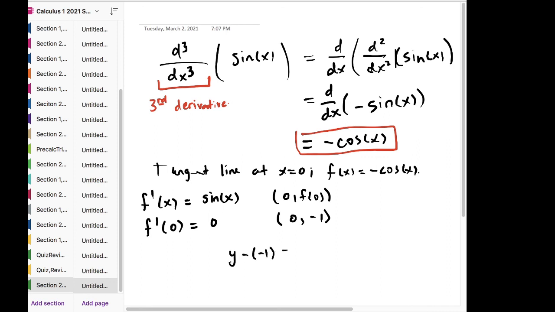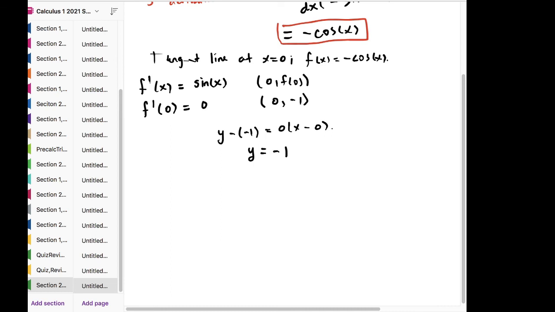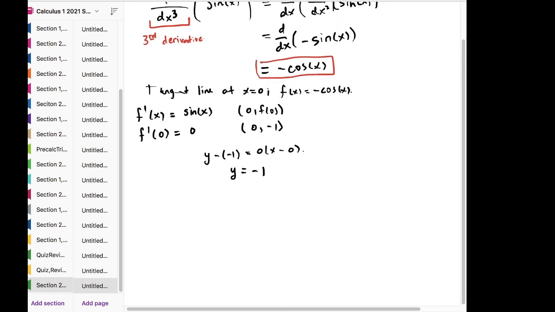So what's the equation of the tangent line? Negative 1, yeah. Okay, why is that not surprising? It's because if you graph negative cosine, remember the negative just means it's an x-axis reflection.